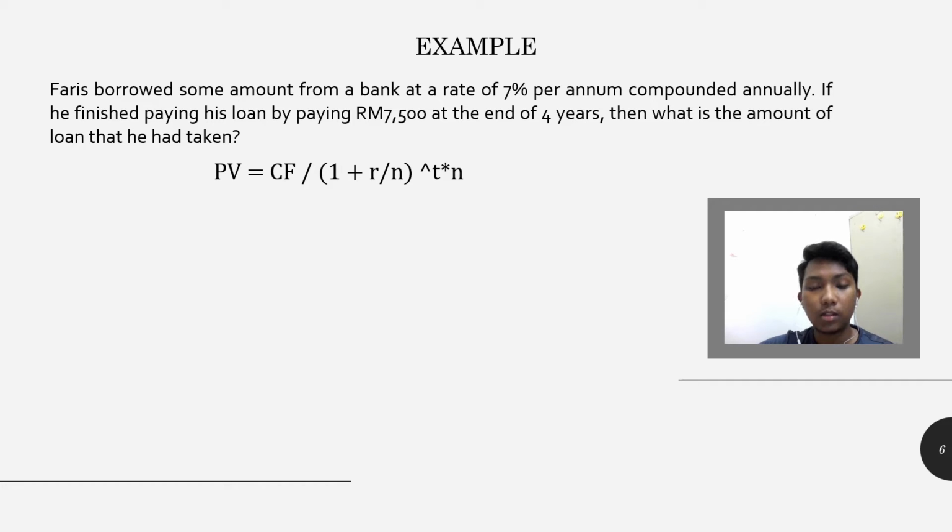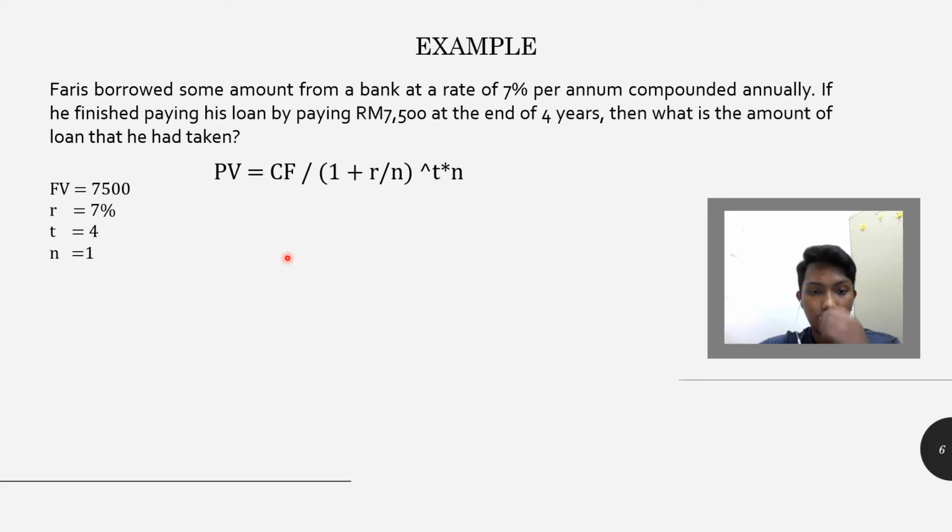So we identify the information given. First, 7,500 ringgit is the future value. The 7% is stated as the rate, and 4 years is the period, and n is 1 for the number of times the amount is compounding.